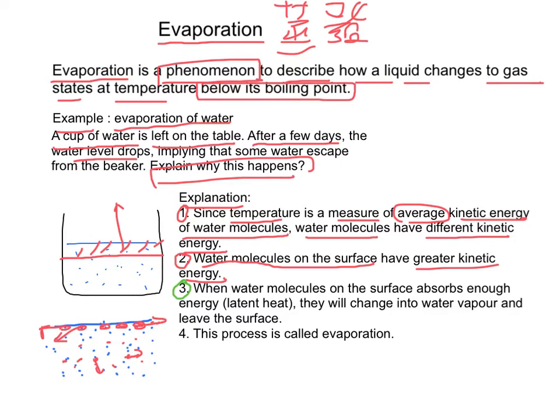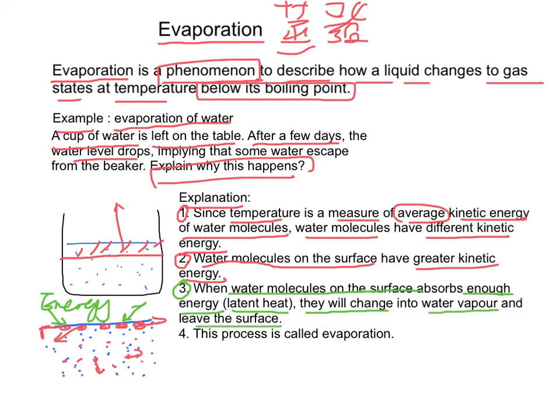Thirdly, when the water molecule on the surface absorbs enough energy, which is called latent heat, the energy can be absorbed from the surrounding. Okay? Energy absorbed from the surrounding. Then, this molecule will change into water vapor and leave the surface.